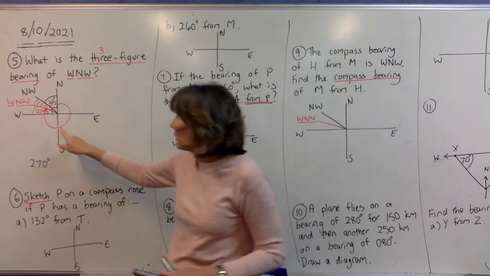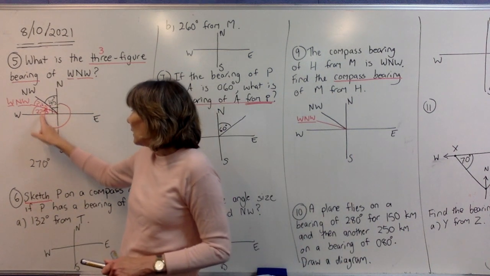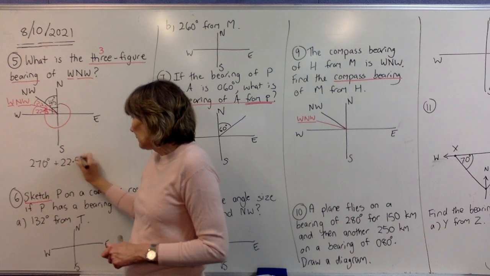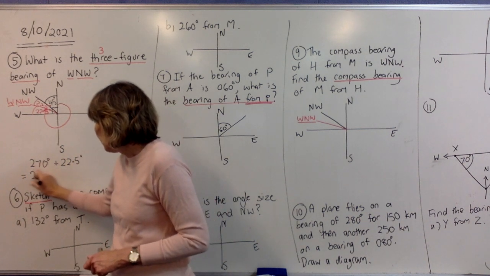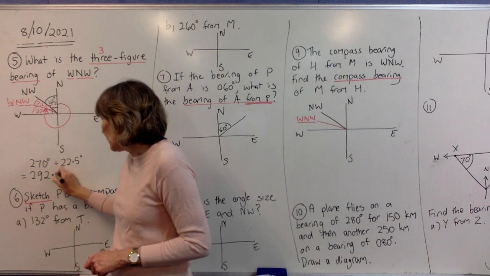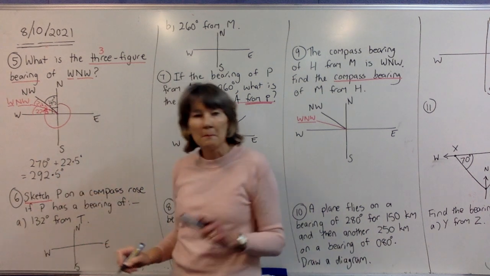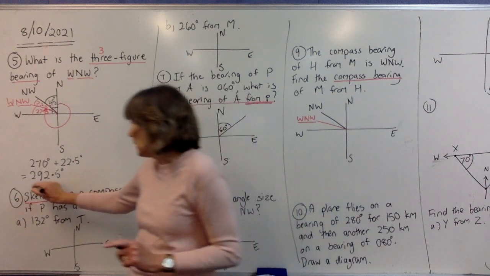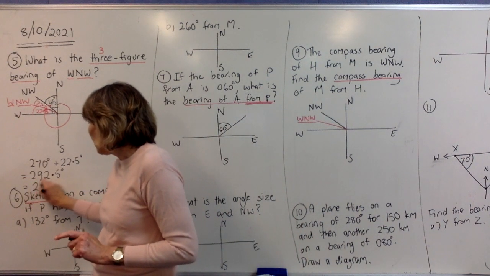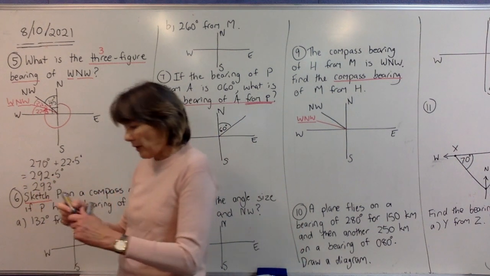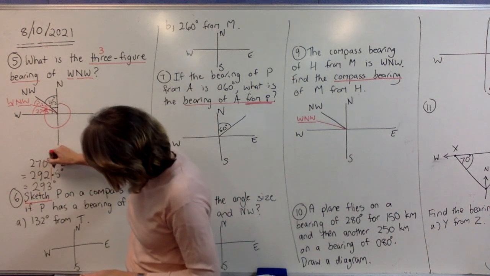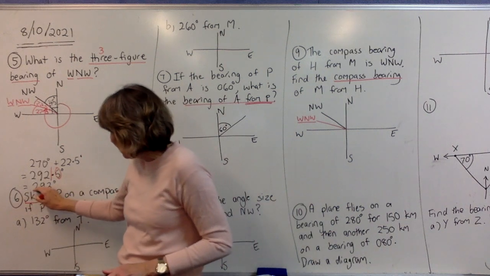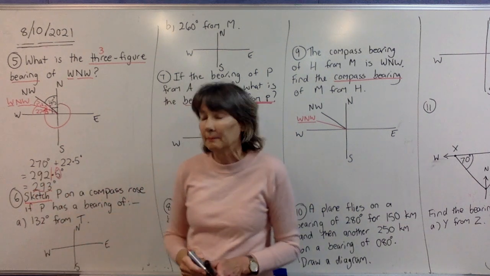Then we're continuing on the same direction, so we're adding that extra 22.5 degrees. So if we add those up, we have 292.5 degrees, but they want a three-figure bearing, so we're going to round to the nearest whole number, which is 293 degrees. And that's your three-figure bearing.